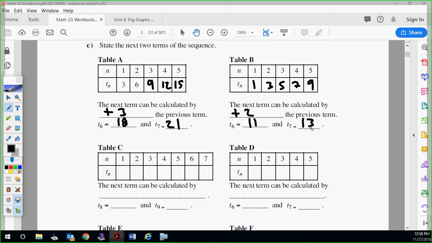Okay, good. Emily, what was table C? What do we have for table C? 1, 2, 4, 8, 16, 32, 64. Okay, next term can be calculated by? Right, so doubling the previous.